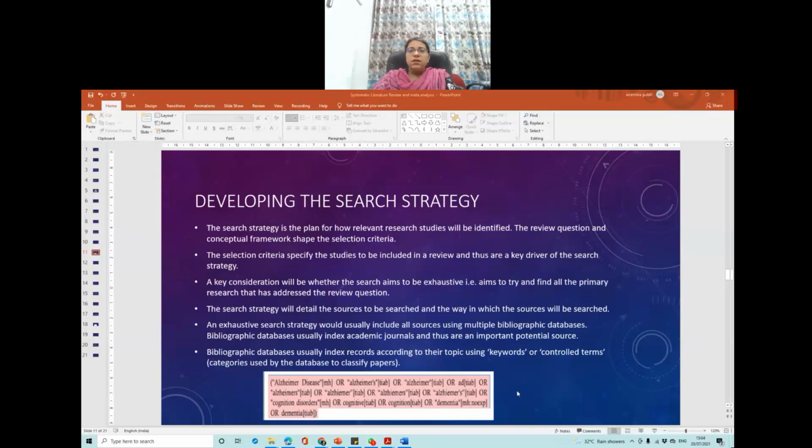Or if we don't want any particular study, for example, we don't want any study in geriatric, then we use the third term, which is not. While we conduct the searches, we specify not geriatric as a word, so that the searches will not pick up those studies where the term geriatric has been used in the title or abstract of the particular study. So this is an example.